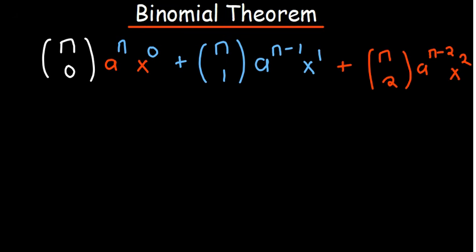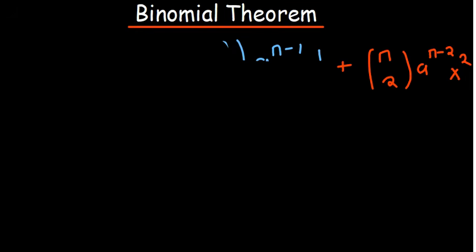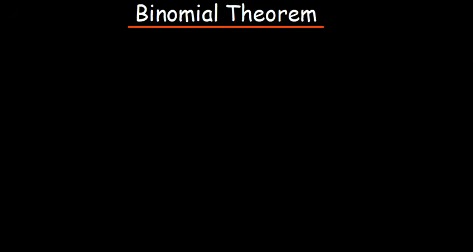So how do we use this expansion? Of course, earlier on we saw that we can use Pascal's triangle to deal with simple expansions like 2 plus x, let's say to the power 2, or even the power 3. It's very easy to expand that.